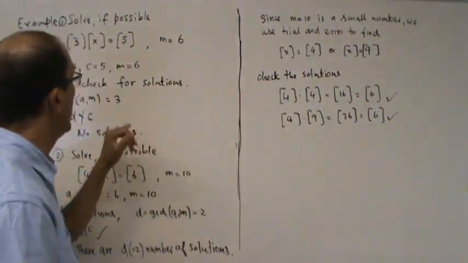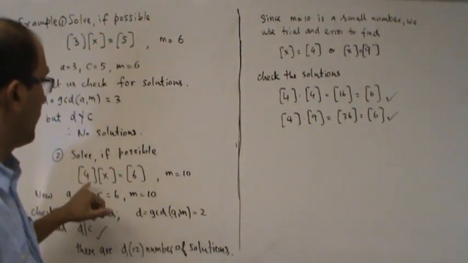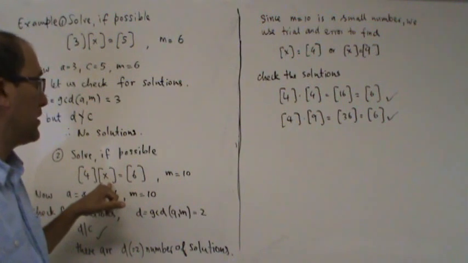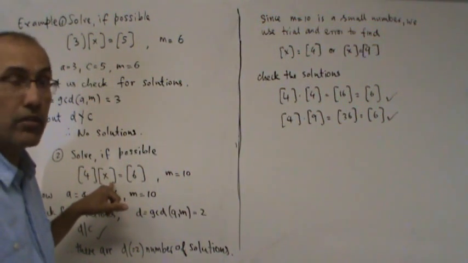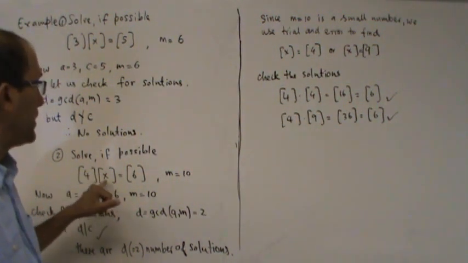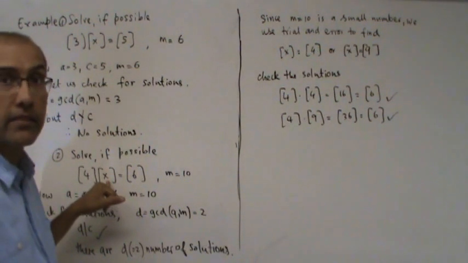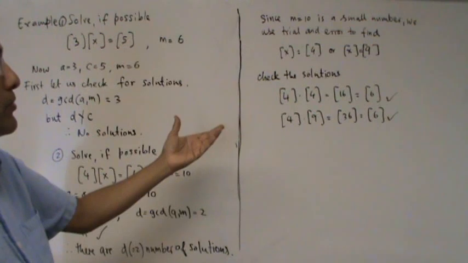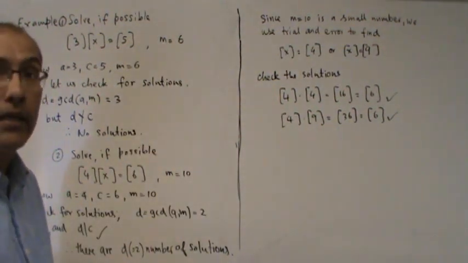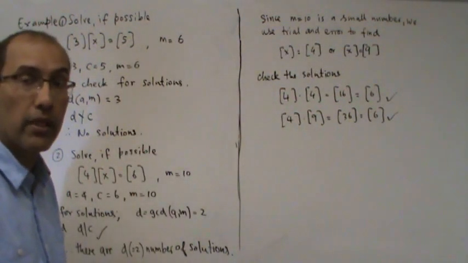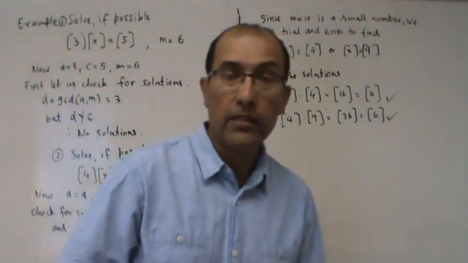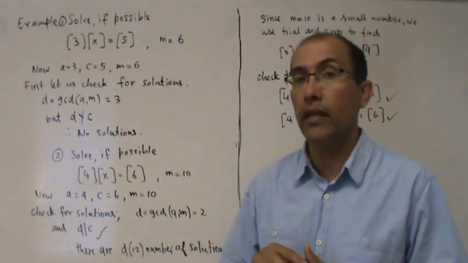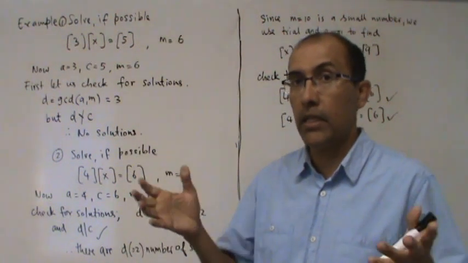If I use 4, 4 times 4 is 16, which is congruent to 6 modulo 10, so 4 is good, and 9 as well. 4 times 9 is 36, which is also congruent to 6 modulo 10. So our two solutions are 4 and 9. We already saw that there are two solutions. The situation gets a little bit harder if you have a large m. So let's look at our third example with a bigger m.